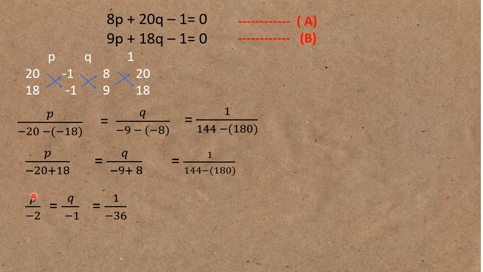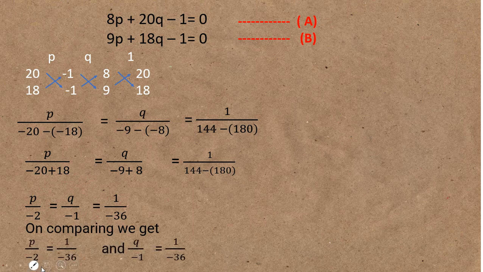So we can equate p with the constant term and q with the constant term. On comparing we get p upon minus 2 is equal to 1 upon minus 36 and q upon minus 1 is equal to 1 upon minus 36. So further, when we solve it, we get p upon minus 2.